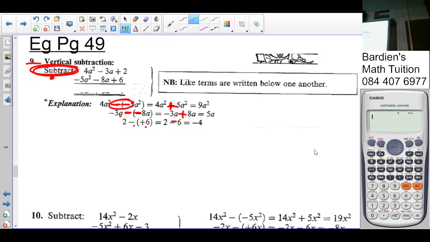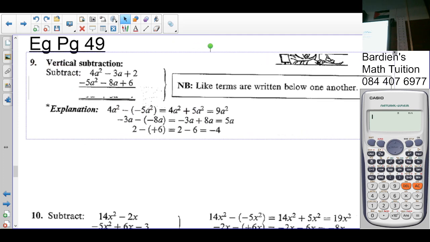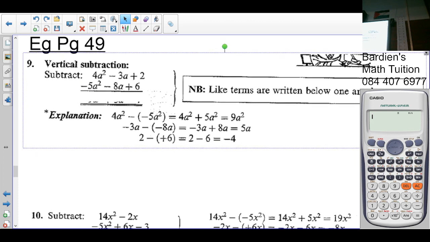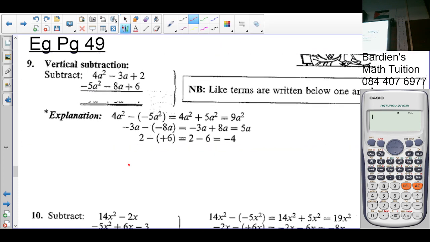Okay. So now we got 2 minus 6 is negative 4. That's one way of looking at it. Alternatively, what I can do is, if it says subtract, a vertical subtraction, I change the signs on the line. That is negative becomes positive, positive becomes negative.